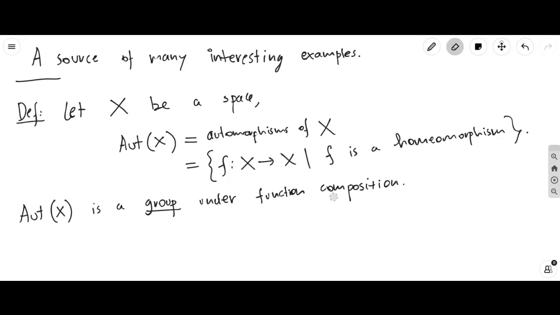The identity function is the identity for composition. And if a function is a homeomorphism, then it has an inverse function because it's a bijection. And the inverse function is also a homeomorphism because that's what a homeomorphism is. The function and its inverse are both continuous. So you have a group. It's not necessarily a commutative group, but you have a group.